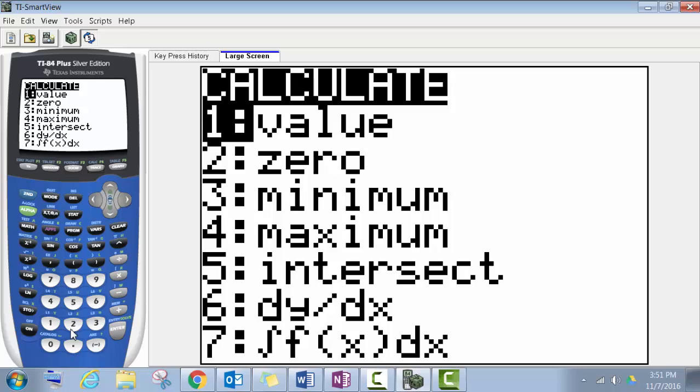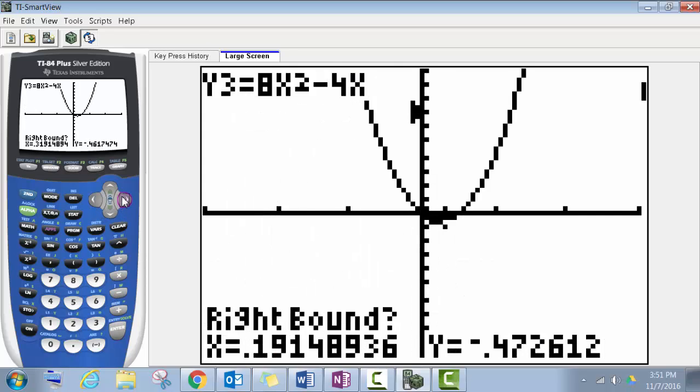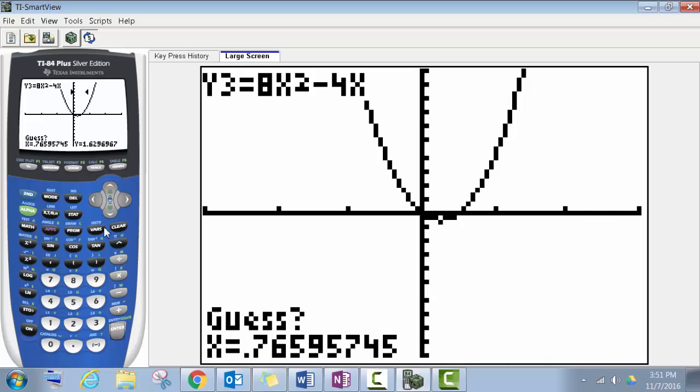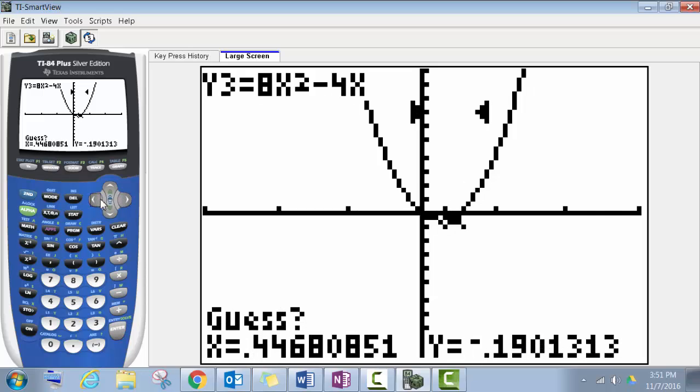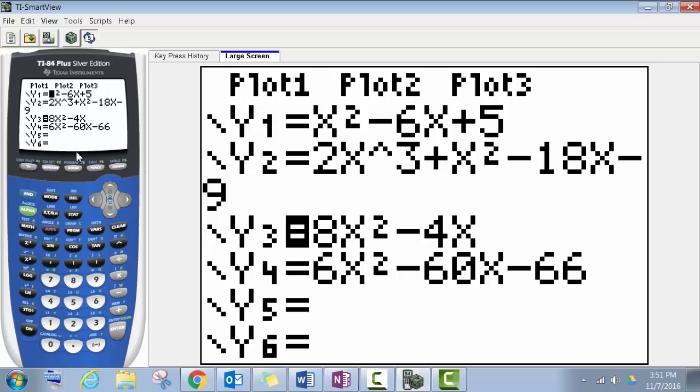So let's find our 0. To the left, to the right, take a guess. 0.5, all right, it is. Good. And now, take that one off, and we'll look at this one next.